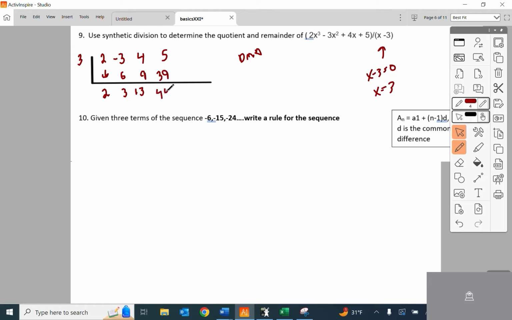And we add. That is my remainder, which is preceded by a constant, which is preceded by an x, which is preceded by x squared. And I'm going to double check myself, because it's early in the morning for me, because daylight savings time. I don't see anything wrong. So this is my 2x squared, plus 3x, plus 13, plus 44 pieces of x minus 3.